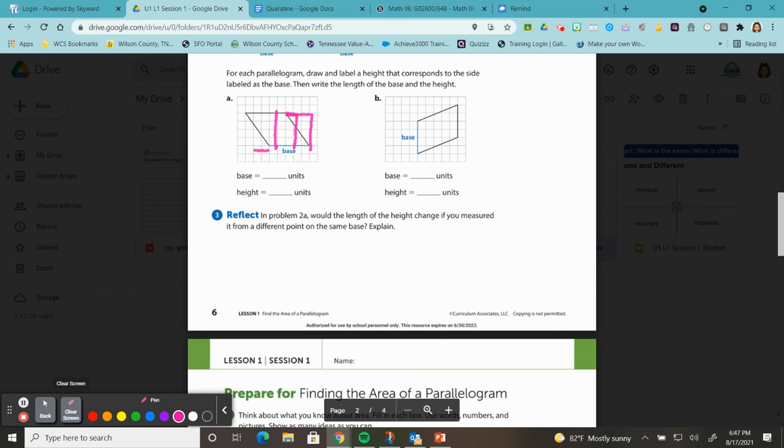Sorry, that line didn't cooperate very well. And go all the way up, okay? So as long as you start at the base and go all the way to the opposite side, then your height is not going to change.